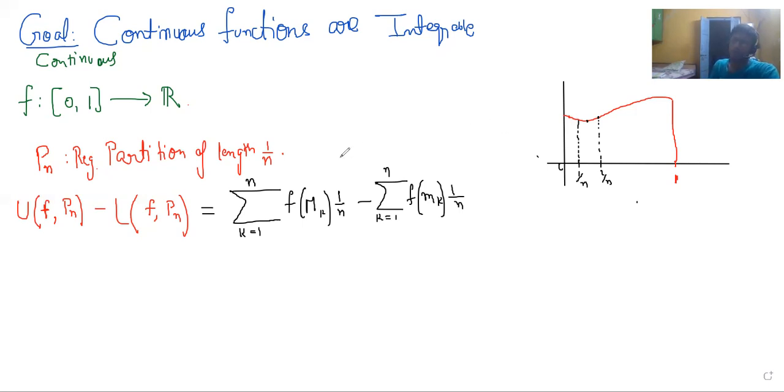So we want to show integrability, right? So that is basically saying that we want to show that this upper sum minus lower sum goes to zero, right? By taking large enough n or by taking finer and finer partitions, same thing. You want to show that it goes to zero. So you agree that's the meaning of integrability, right? That upper sum and lower sum should go to the same place.